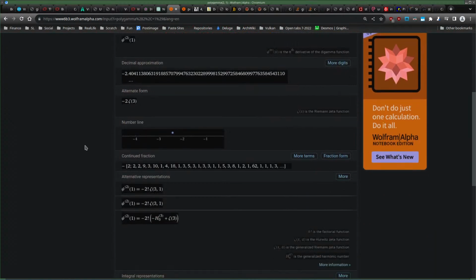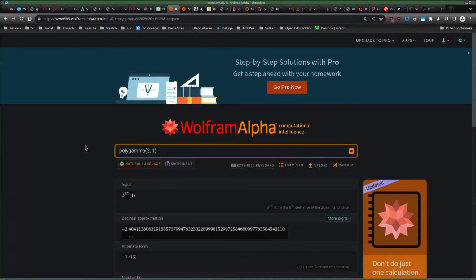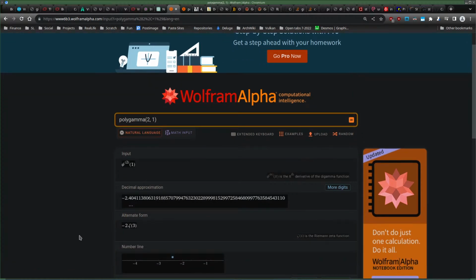Dang, that's an ugly number. So minus 2 zeta of 3. Is that a Riemann zeta function? Don't tell me there's no exact solutions on that. I'm just going to... No, that won't work.